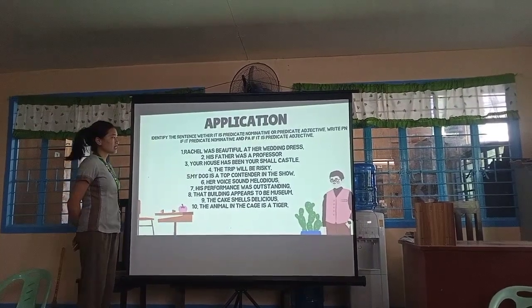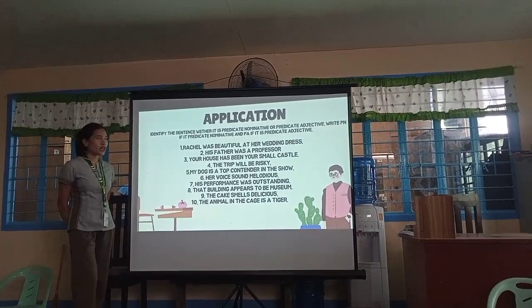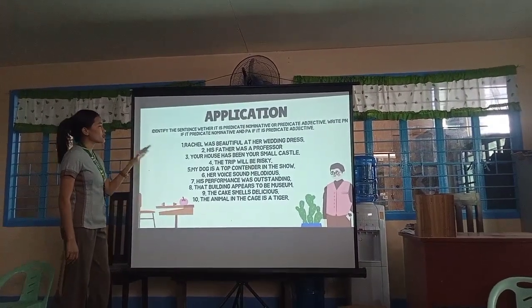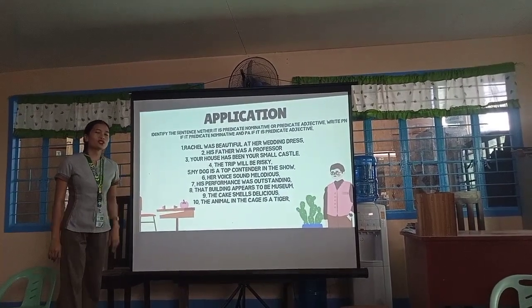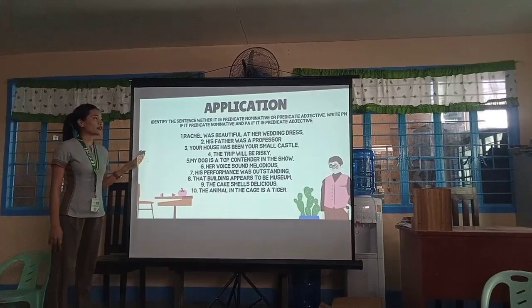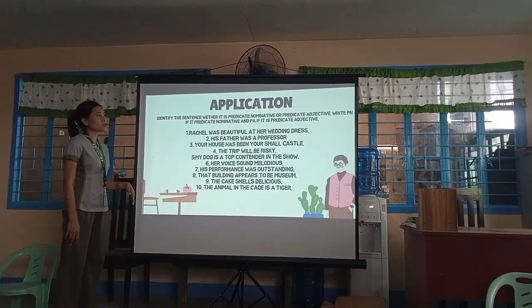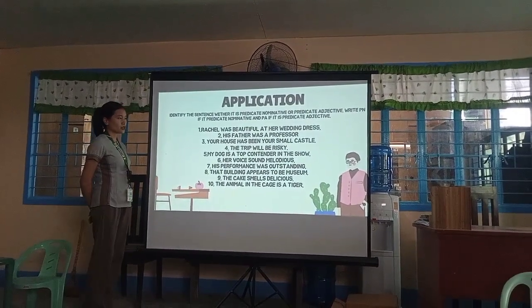Miss Blanca, is it PN or PA? PA, ma'am. Correct, because Rachel is the subject and the adjective here is beautiful, which describes Rachel. Number 2. His father was a professor. Is it PA or PN? PN, ma'am. Correct. Very good.